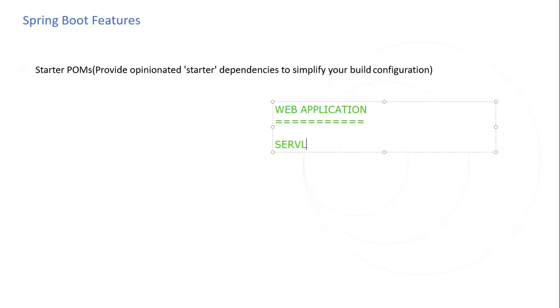That is what we call dependencies. But with Spring Boot, all the jars are provided in the form of starters. Suppose I want to develop a Spring web application: spring-boot-starter-web. This is the jar file. You just need to tell it, yes, this dependency is required.